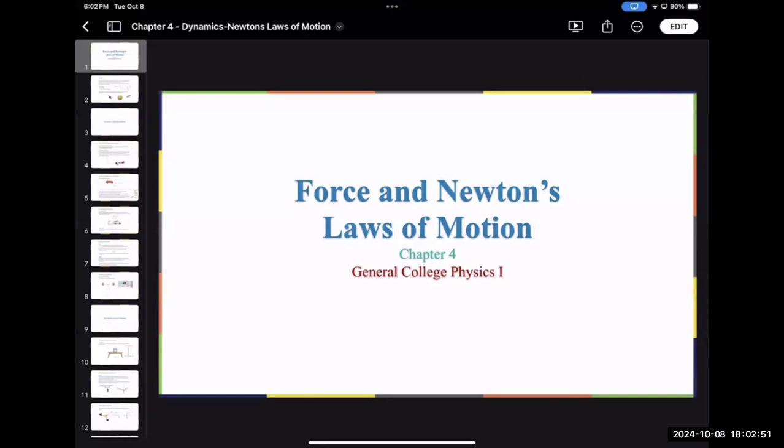Okay. So now today we'll be talking about force and Newton's laws of motion. As we said, up to now, in one-dimension motion and two-dimension motion, we did not consider anything about the mass. We were only talking about velocity, acceleration, time, distance, displacement, right?